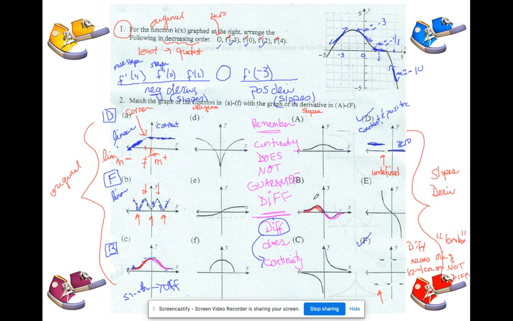Where the derivative changed from positive to negative, the original changed from increasing to decreasing. Notice the slopes right past the slope of 0 here are negative, getting more negative, more negative, more negative, and then at the point of inflection, start to come back to positives.